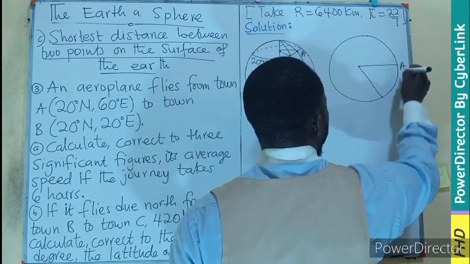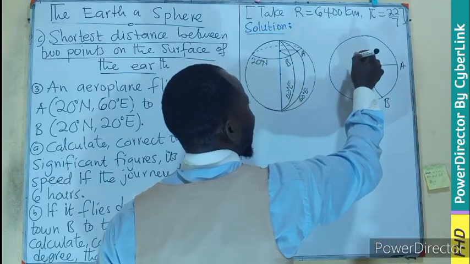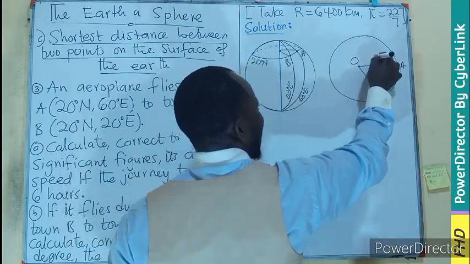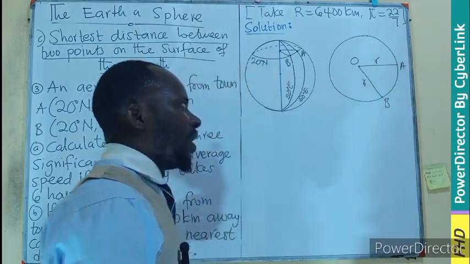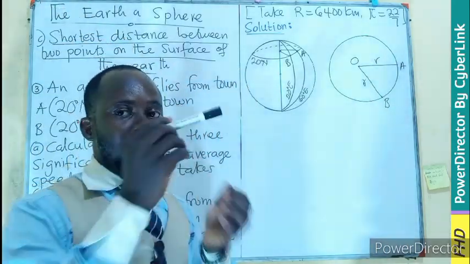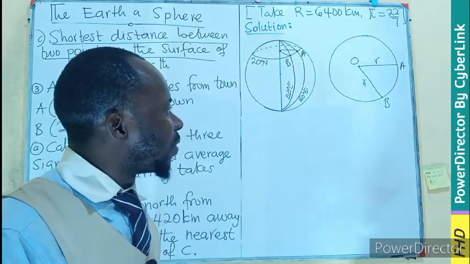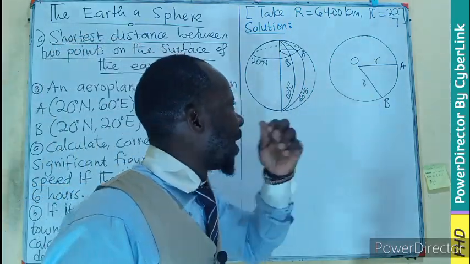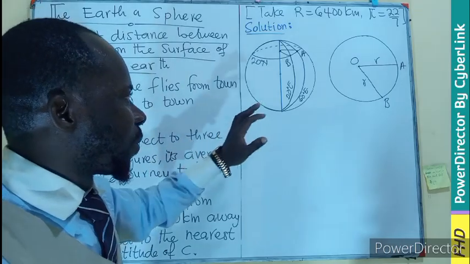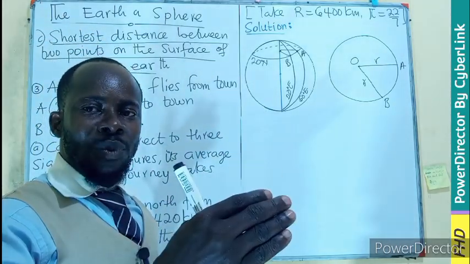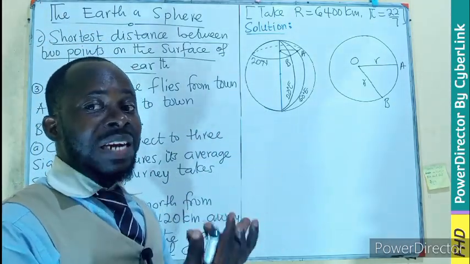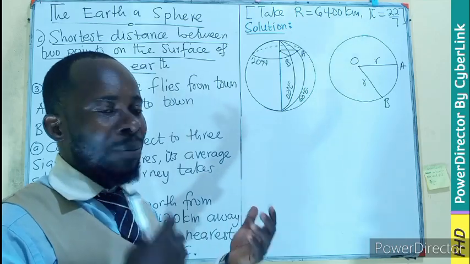We can have our A, we have our B, we have our center, then r. This r will be the radius of the small circle, but not the radius of the Earth. So how do we find the angle here? Don't forget, the angle is found when we find the angular difference, whether by addition or subtraction.